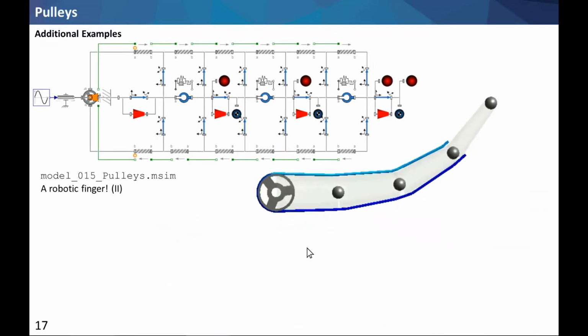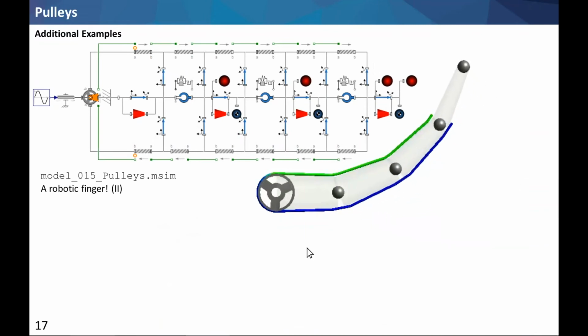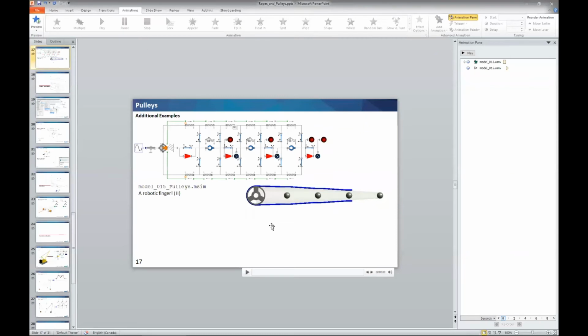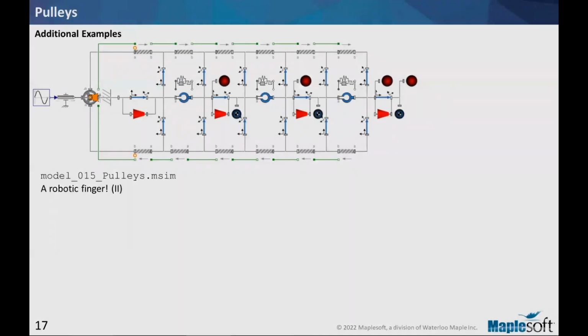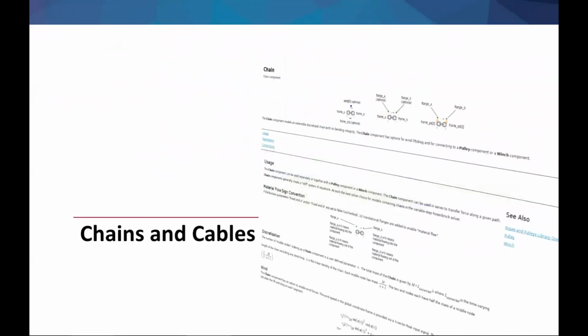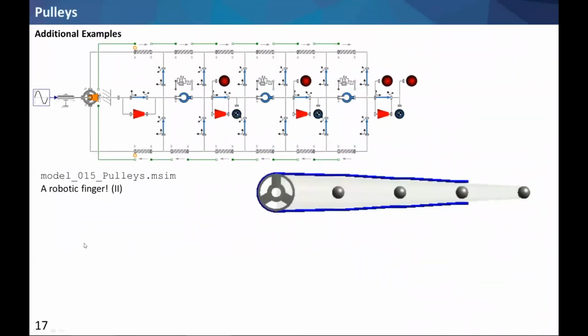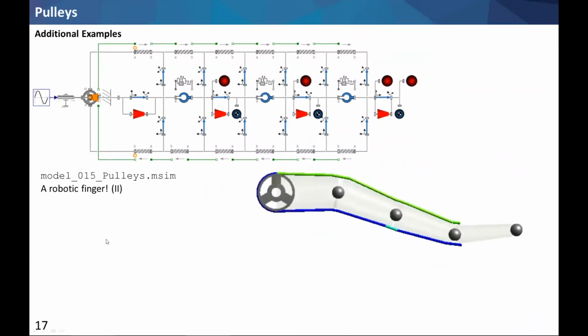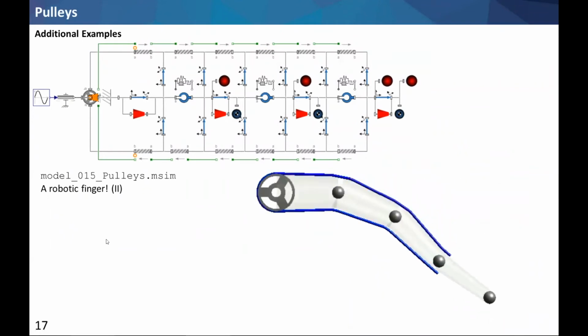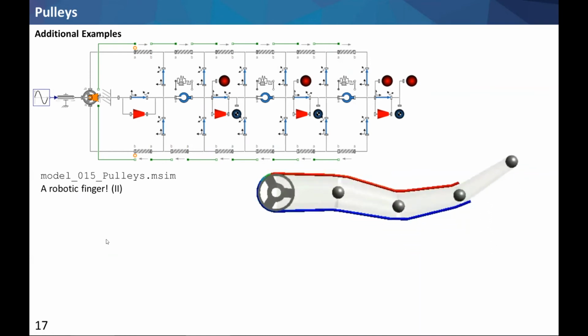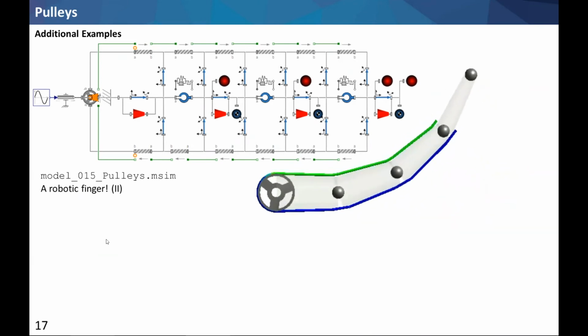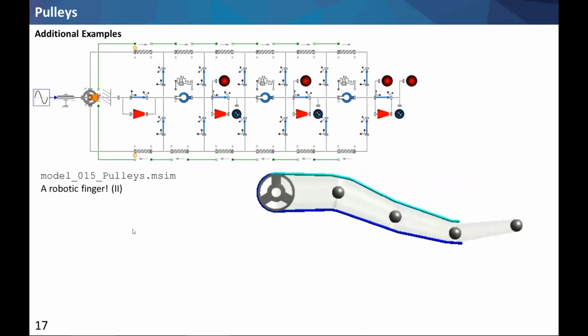Here, we made it maybe slightly more realistic by connecting the rope pieces together, causing it to be a continuous piece, and the required force to move the finger was applied by a torque applied to the pulley. So another example of adding pulleys to more and more complex models.